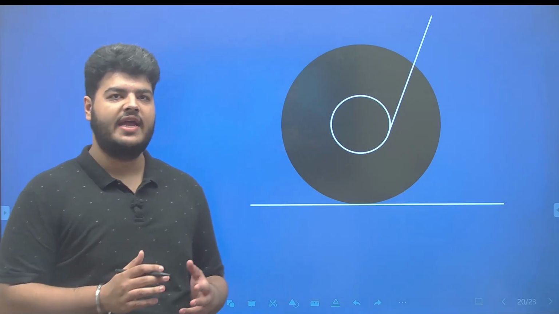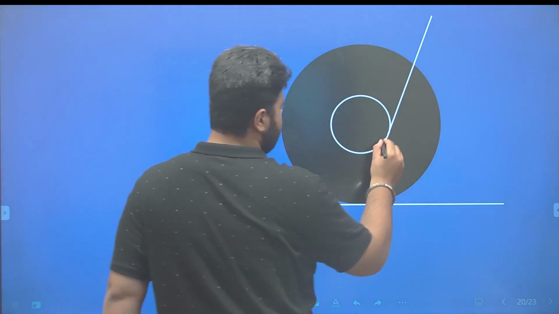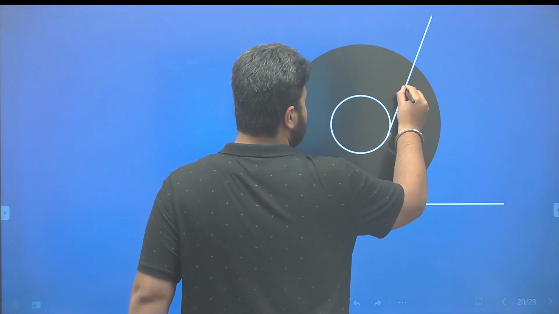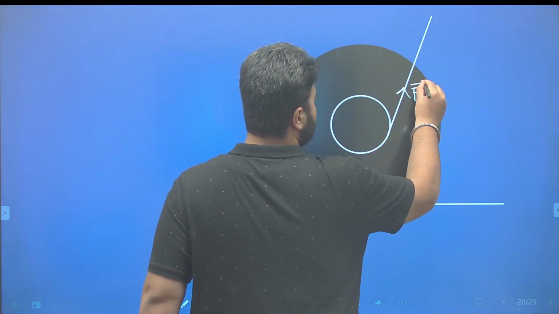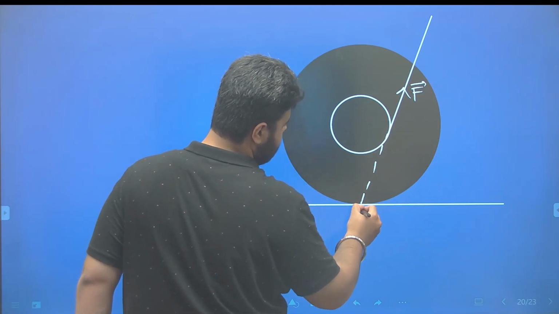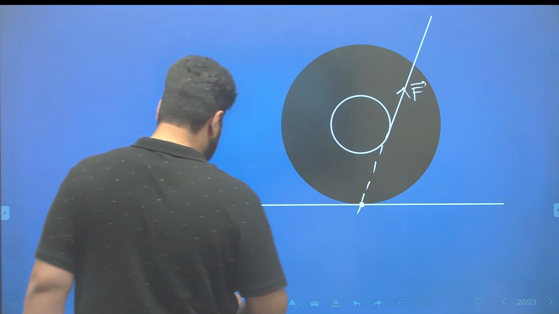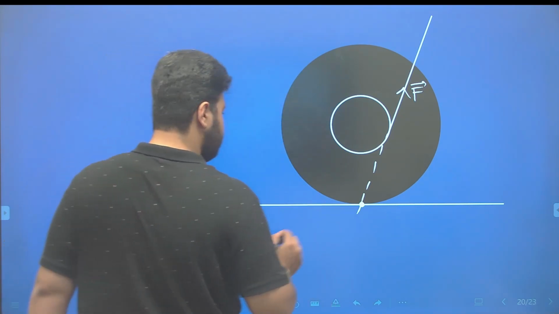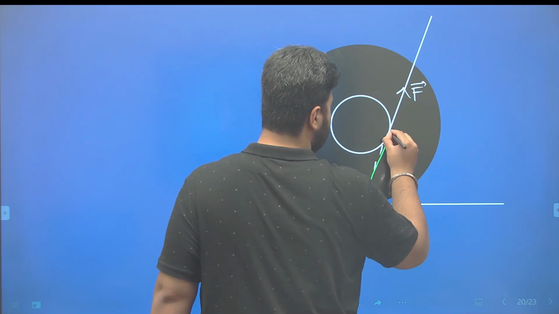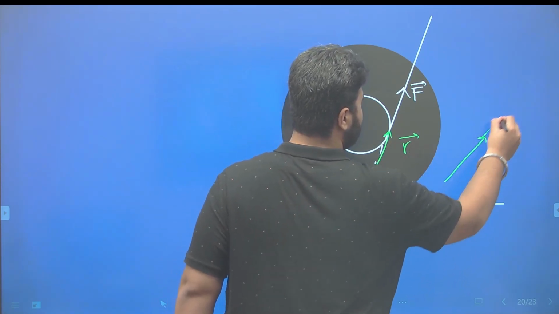Now my third and final case, where the spool does not rotate at all, is due to the fact that the force is acting in this direction and the force direction, if extended, passes through the pivot point. Therefore if I make the position vector from the pivot point, it will have the same direction as force.